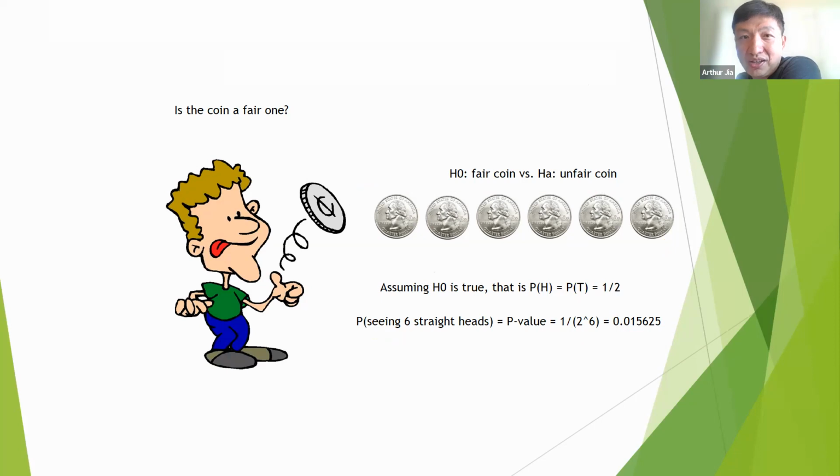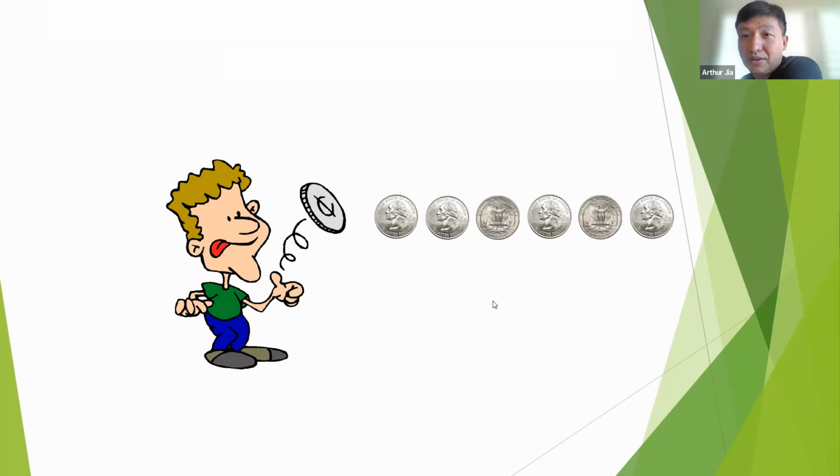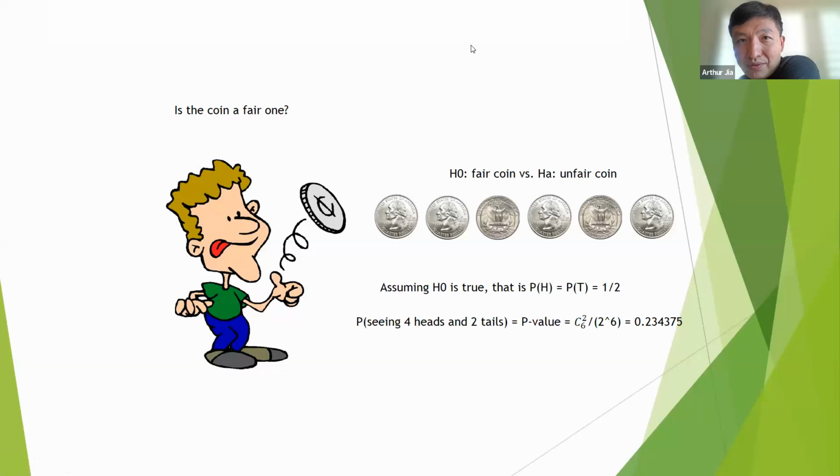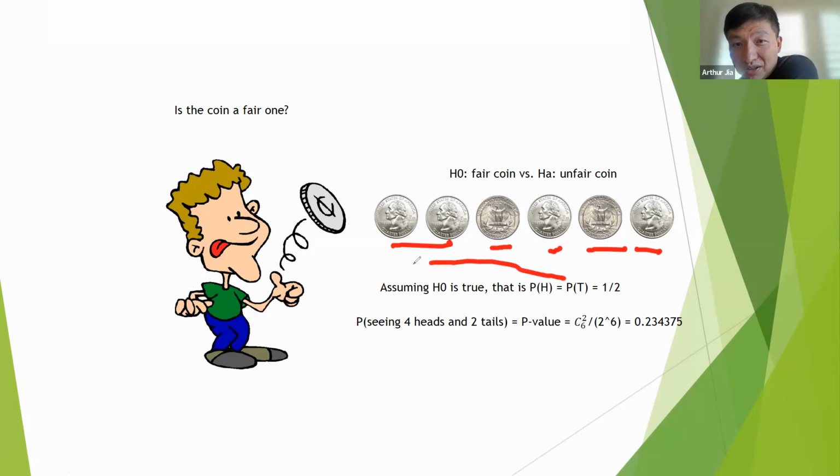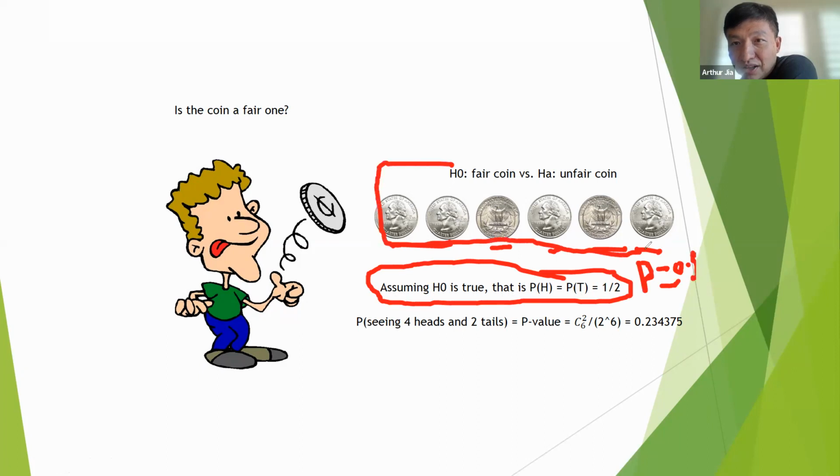Another example here. Suppose you do the same thing, but instead of having 6 straight heads, you got data like this. This is more reasonable, right? You got like 2 heads, 1 tail, 1 heads again, 1 tail. Still based on the null model, p equals 0.5, let's calculate the likelihood for this outcome.